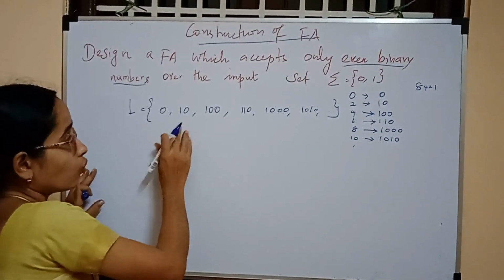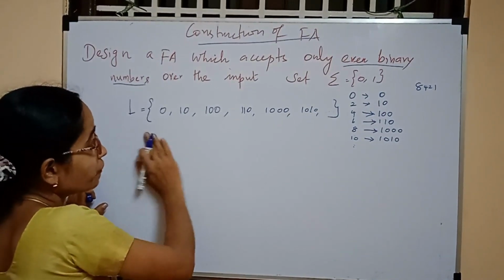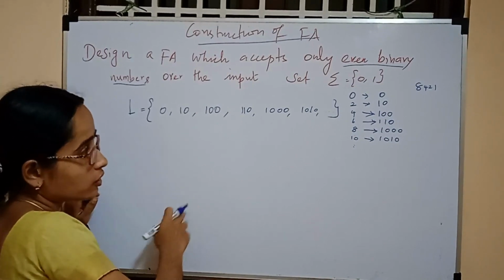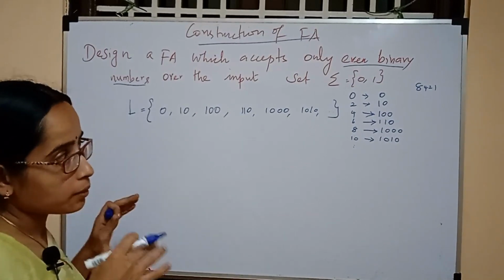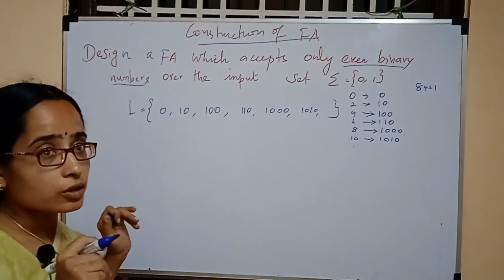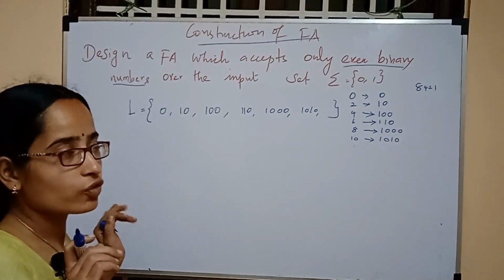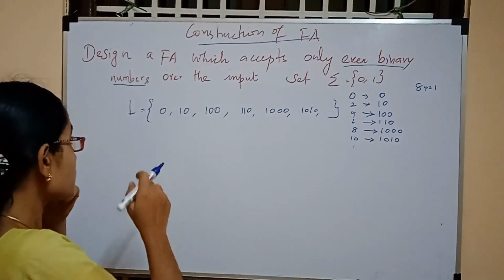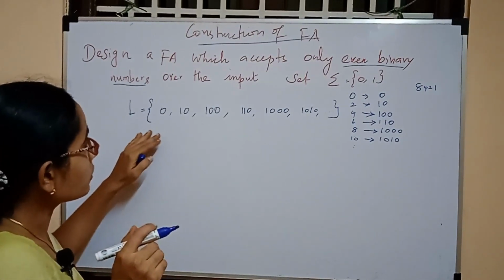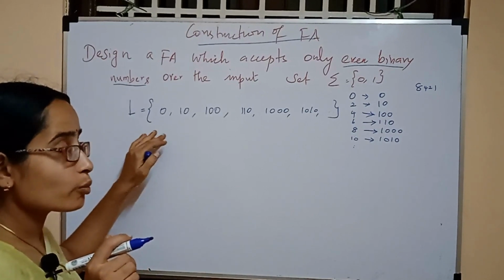Okay, now you try to frame the automata. So in the previous class I have given a formula to know how many states are possible for a finite automata. So here you look for the length of the minimum possible string.